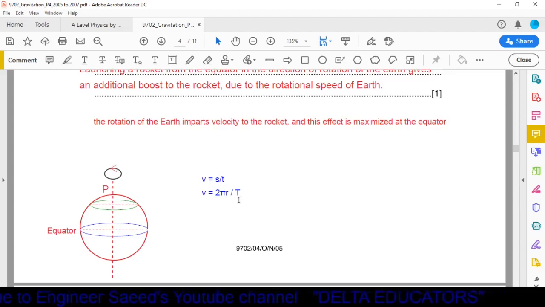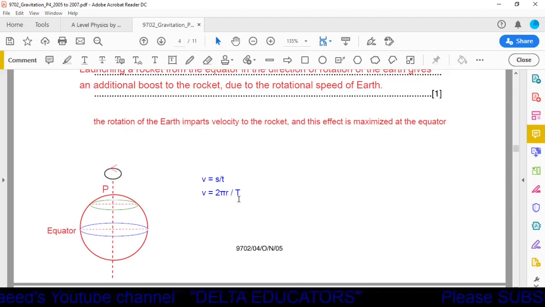Okay, all of us know that the time period, or time taken by Earth to complete one rotation, is 24 hours. Whether the object is at this point or this point, it will take 24 hours. Now if the radius is more, this time period is constant.